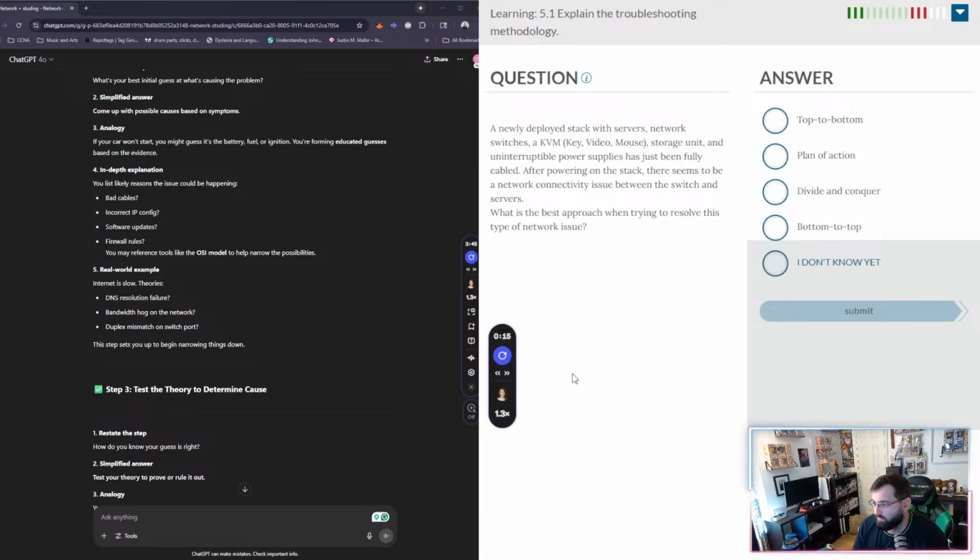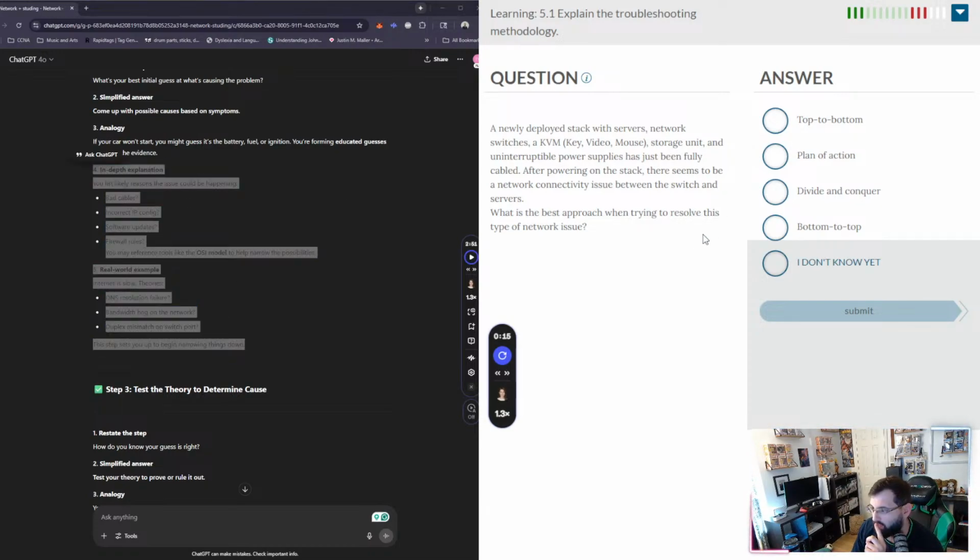Okay. There's obviously way more to this problem-solving method that goes more in depth, because my first inclination is that if it's a problem with the switch to the servers, then it's probably a bottom-to-top issue.